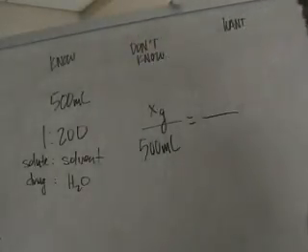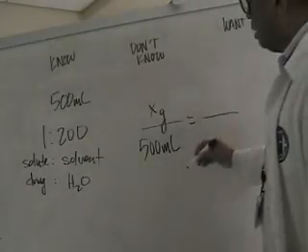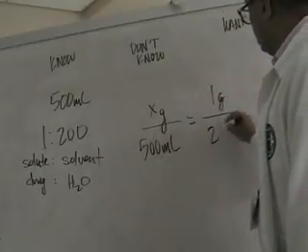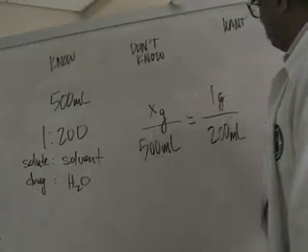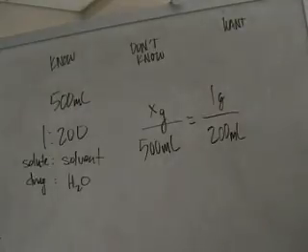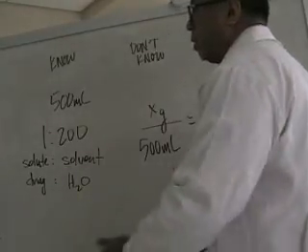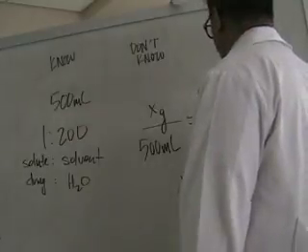Now, if I have a 1:200, how much solute or drug? 1 gram. 200 ml of solvent or water. So now I can do what? Cross multiply, solve for X, and if you look at the math on page 180, it's 2.5 grams.